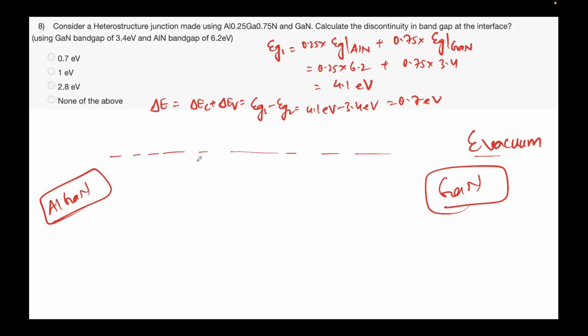Okay, so if I recall, that was 1.9 eV, the electron affinity, and the other one was 3.1. So let me just see. This is 2.2 divided by 4, so it will be 0.55. This is only 25% AlGaN. So the electron affinity will be 3.55 eV for this structure.